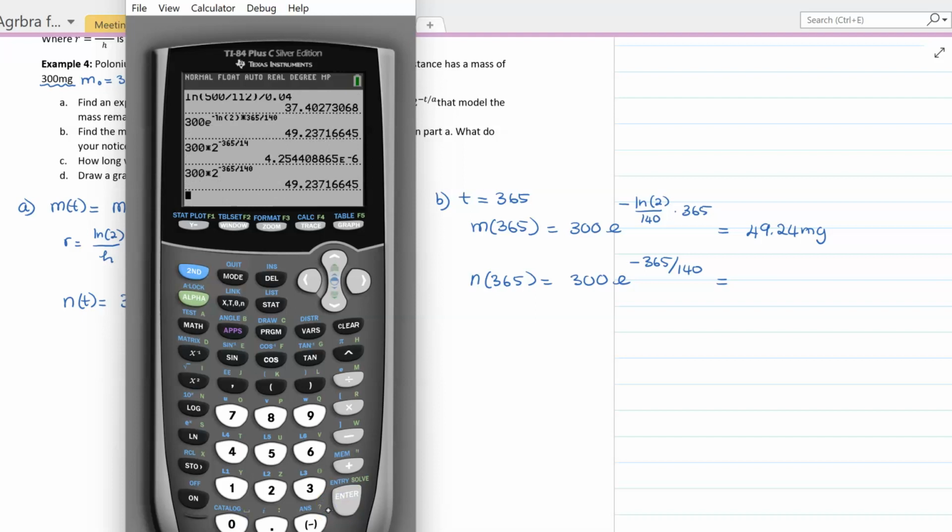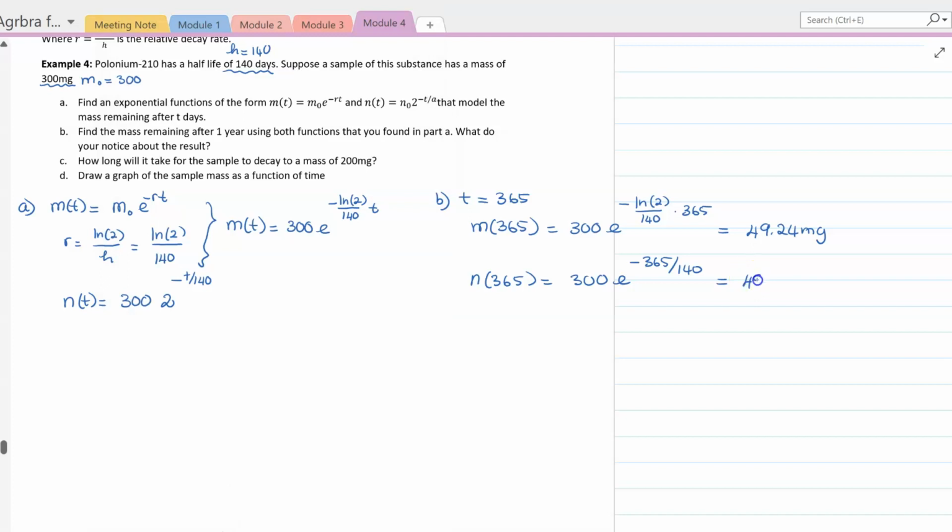And that is the same: 49.24 milligrams after the whole year. Okay, so what do you know about the result? Well, they are the same.